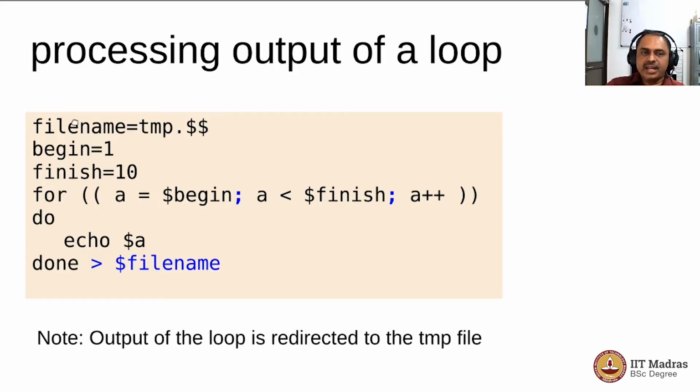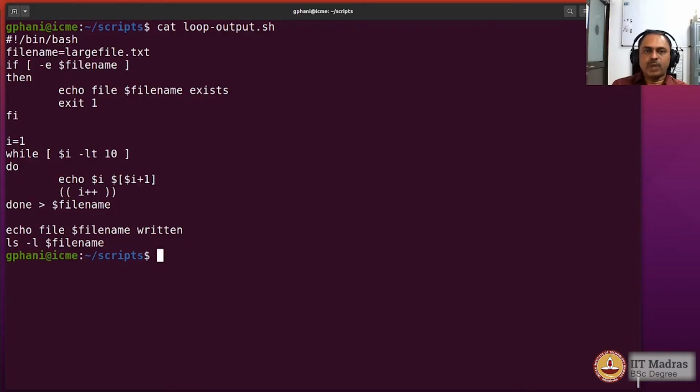Here the file name is given as a temporary file with a dot followed by the process ID, so that there is likely no confusion with other files, and the output can then be stored in that file. So let us just check how this looks. Here is the loop output script, and I am doing something a little bit more here.